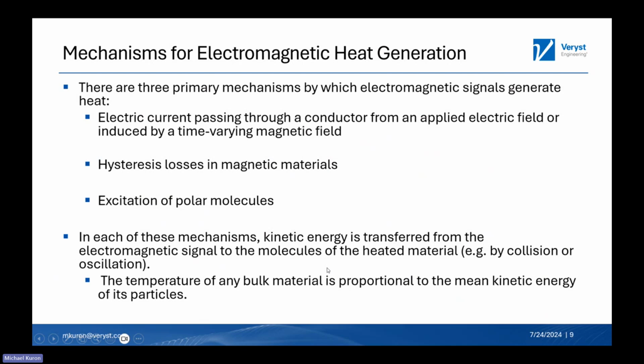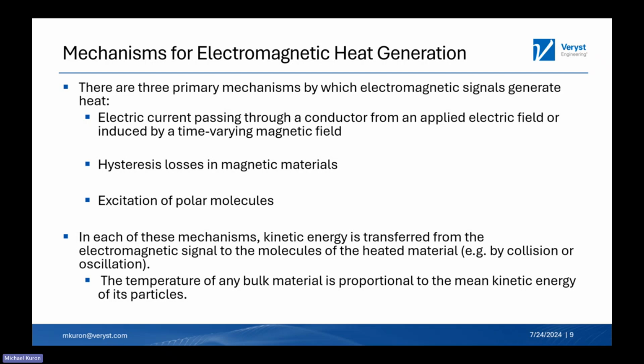So let's talk about how these electromagnetic waves actually generate heat. And there's primarily three mechanisms. So one is electric current passing through a conductor by an applied electric field, or that is induced by a time-varying magnetic field. And this you can think of as the resistive heating that occurs due to the resistance of electron flow in a conductor, or a non-ideal conductor, I should say.